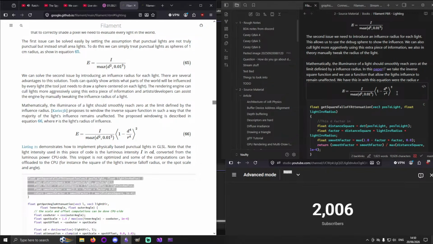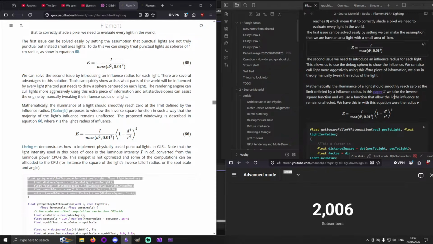So, okay, we take this inverse square function, which is, I believe, the 1 over distance squared, and use this function. Oh no, it's this. Okay, so that's the inverse square function, right? That's good to know. And we have this in with our equation, with the radius r.